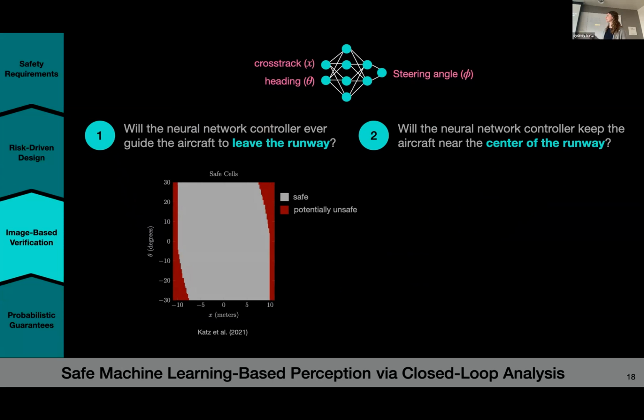So what I'm showing here is essentially the state space, where on the horizontal axis I have the cross-track, and on the vertical axis I have the heading. And any gray state that you see here belongs to a cell for which the over-approximated probability of leaving the runway was 0. So in other words, if we start in any gray state that you see here, we're guaranteed, if we use our state-based neural network controller, to stay on the runway from there on out.